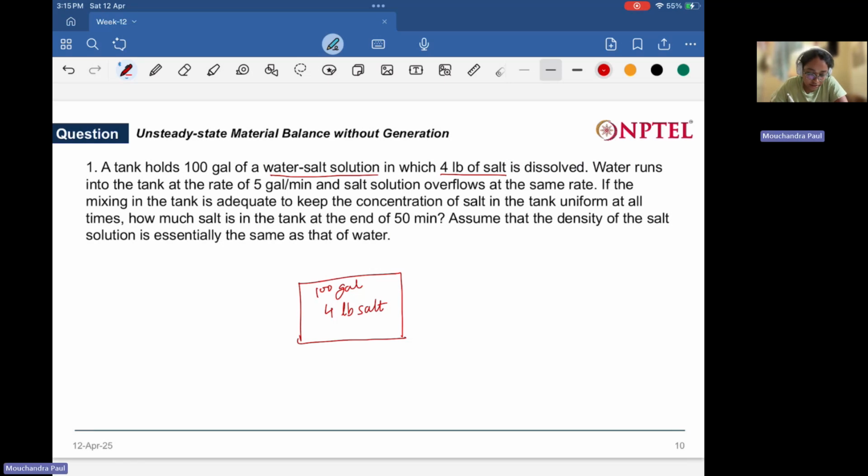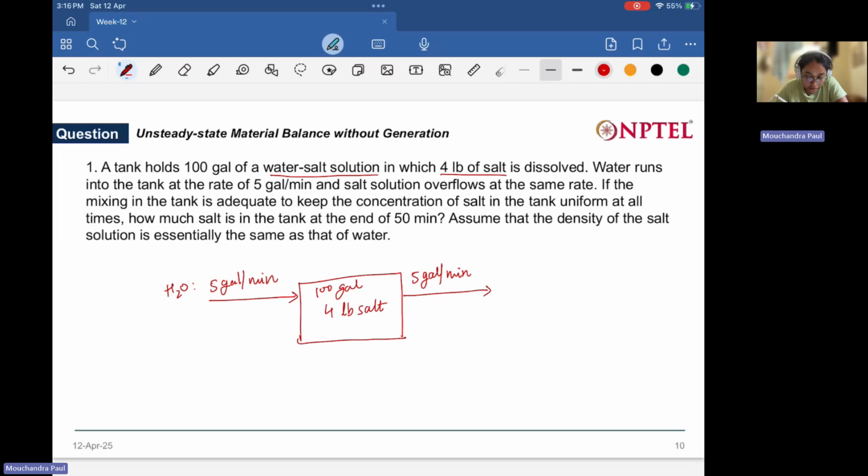Water runs into the tank at the rate of 5 gallon per minute. 5 gallon of water goes into the tank, and it overflows at the same rate. So water comes out at the same rate, 5 gallon per minute.